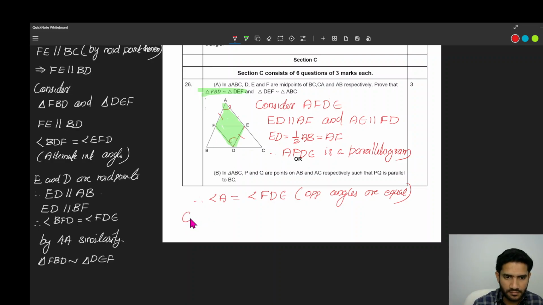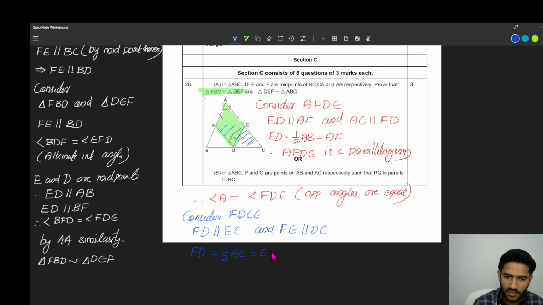Consider the second one, FDCE. In FDCE, FD is parallel to EC by midpoint theorem, and FE is parallel to DC, or we can say that FD is equal to half AC.